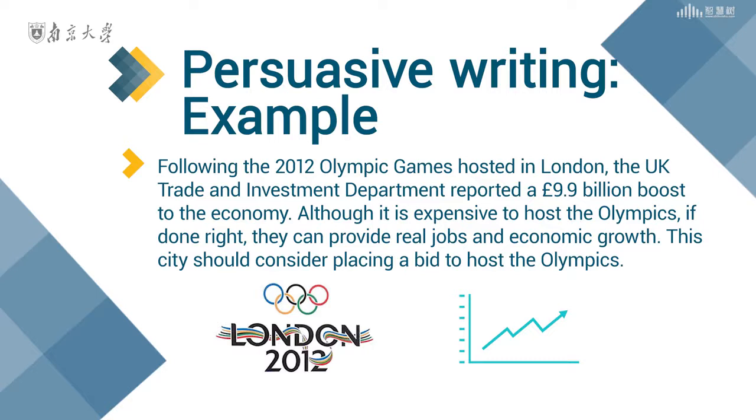The city should consider placing a bid to host the Olympics. This is persuasive writing because the author has a belief that this city should consider placing a bid to host the Olympics and is trying to convince others to agree.